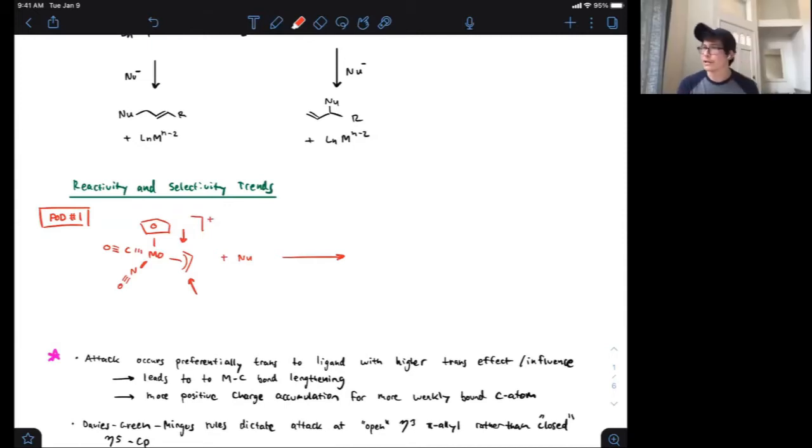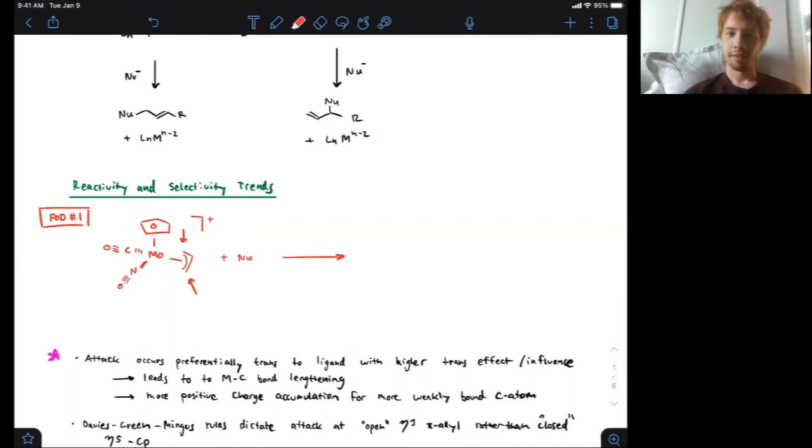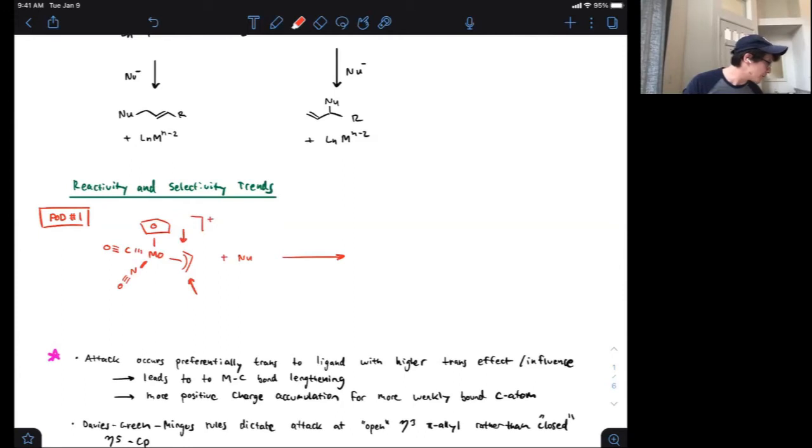Does the class agree here? I have to double check my notes to see if we even had linear NO on the list that we covered, which we might not have.